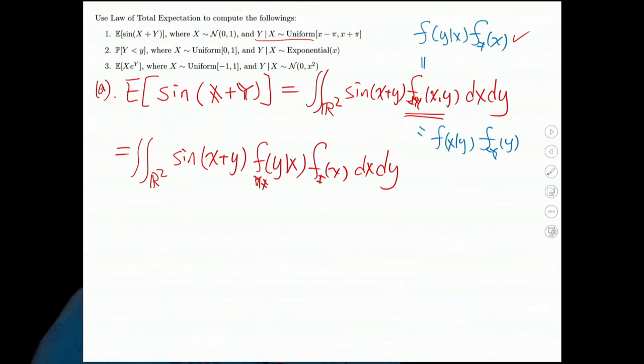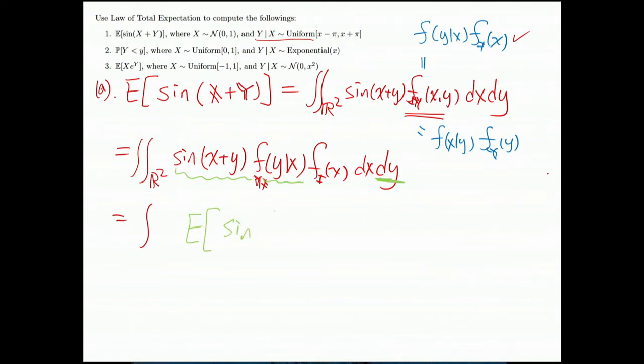Now if you see this term here, here, and here, these three parts, I can have the expectation of sine x plus y given x equals a fixed point, times the f x dx.